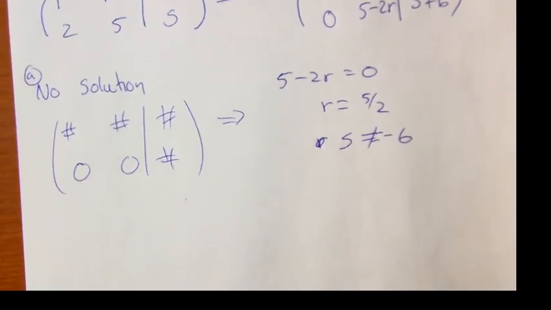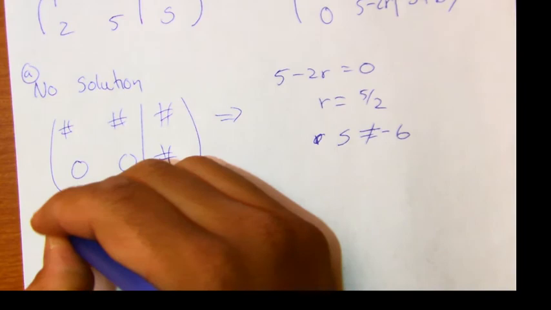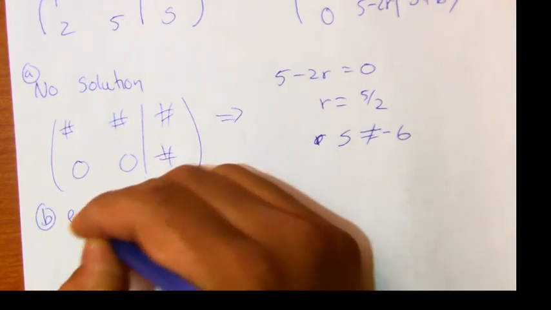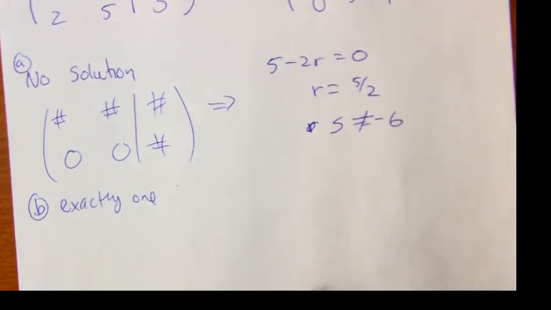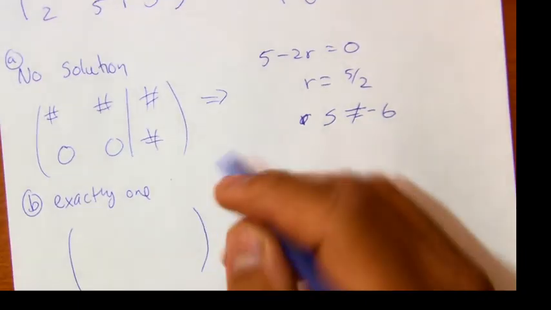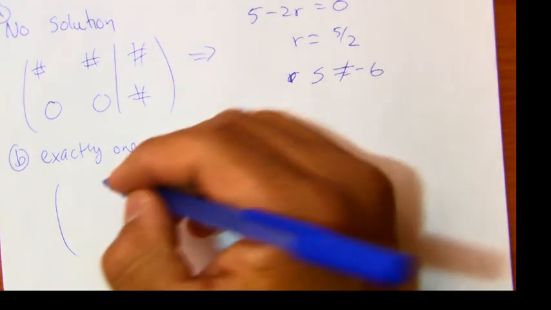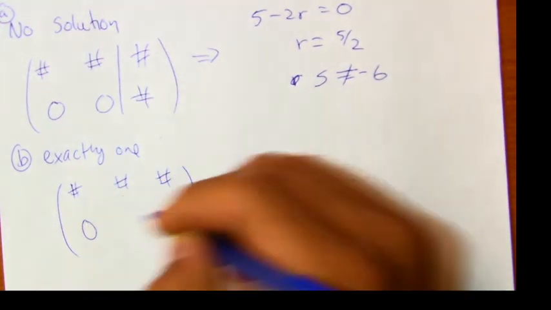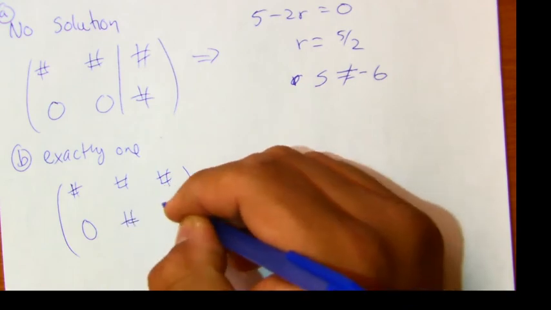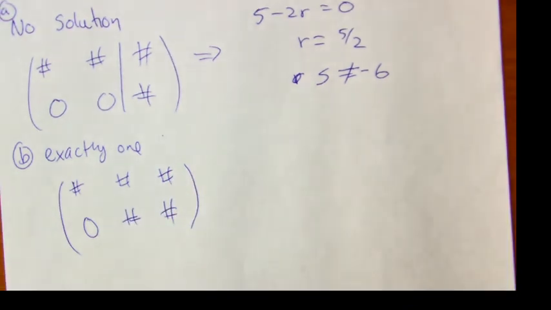Now for the next one, where we have exactly one solution. Looking at what I have above, I'd have to have a number, 0, and also some number here, and just any other number here.